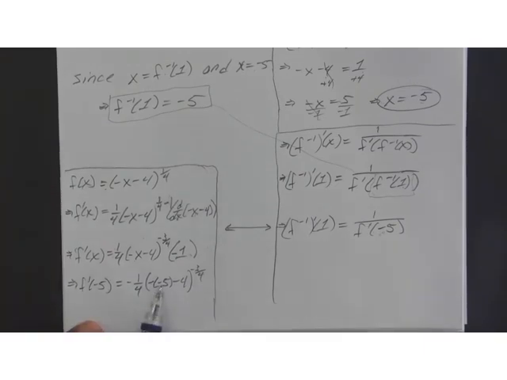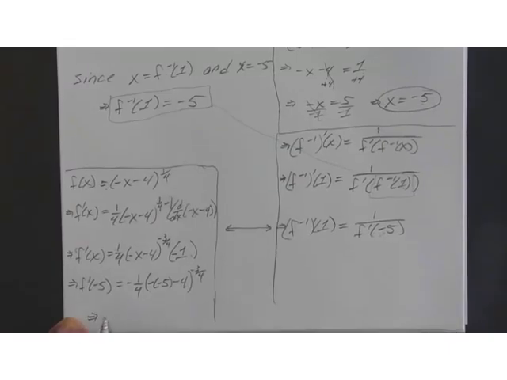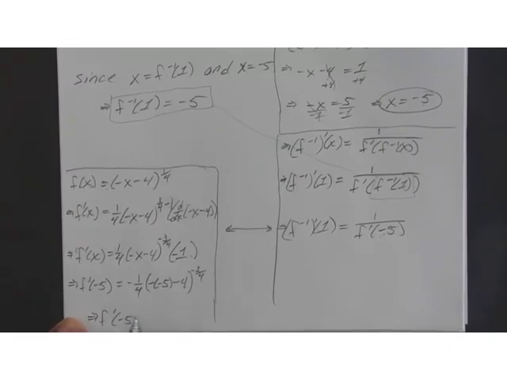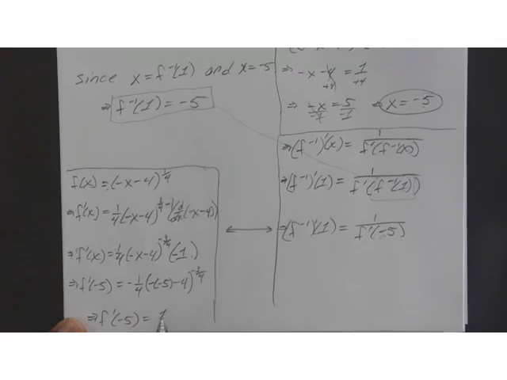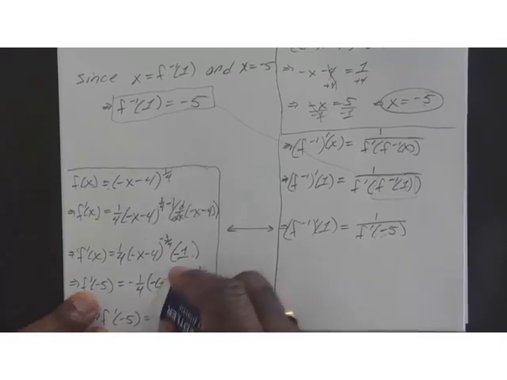Well, negative 5 minus 4 is just negative 9, and the negative is dropped... so positive 5 minus 4 is just 1. So 1 to any power is just going to be 1. So you have negative 1/4 times 1. So f prime of negative 5 is just equal to negative 1/4.